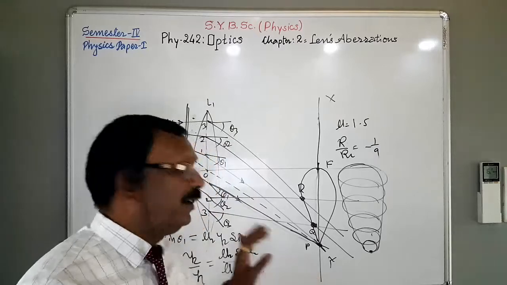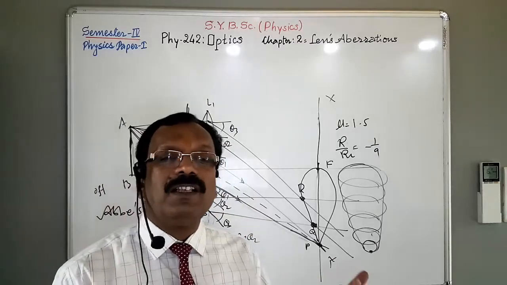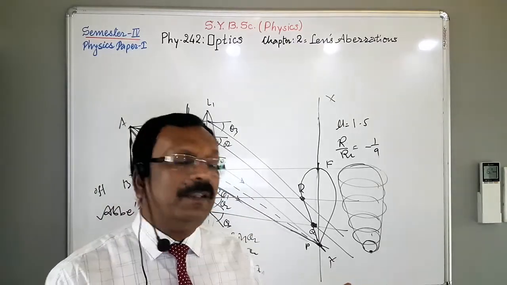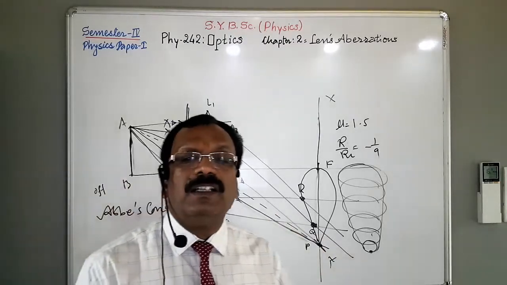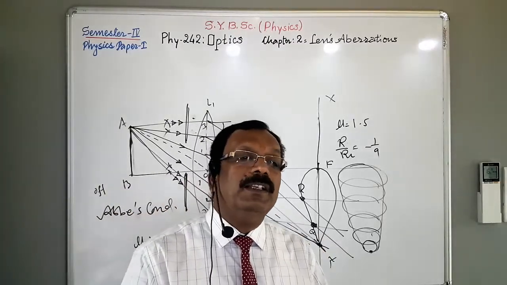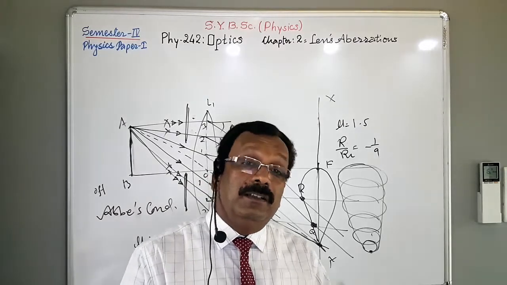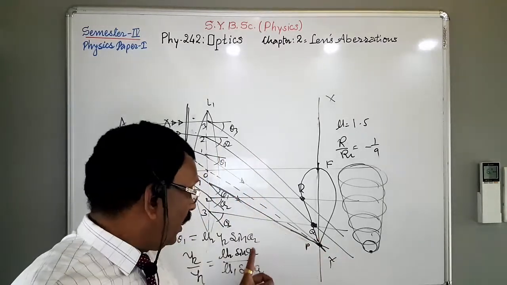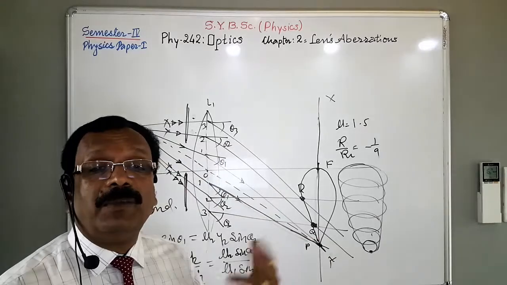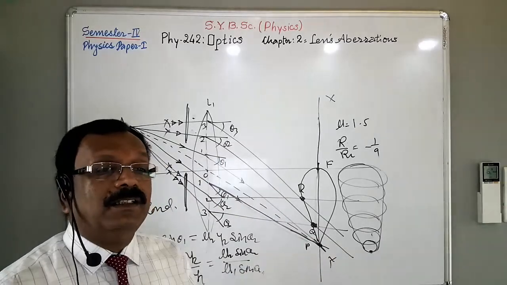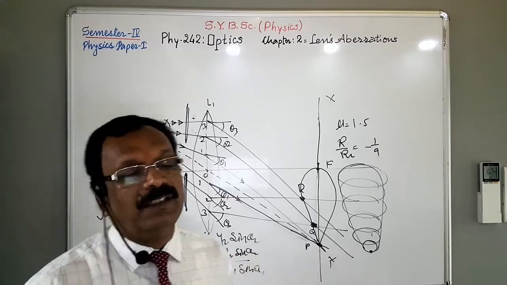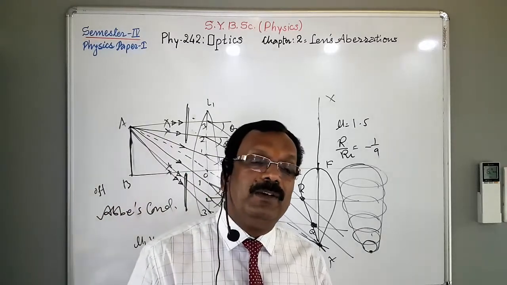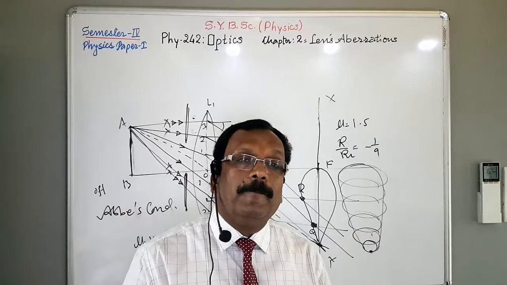Why? Since mu1 upon mu2, the refractive indices, are constant, obviously coma will be eliminated. When mu1 upon mu2 is constant for the material of the lens, then sin theta 1 upon sin theta 2 is constant.